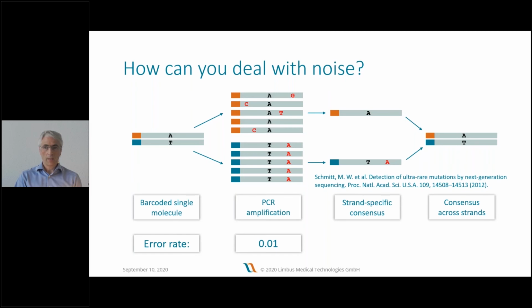When you apply simple molecular barcoding without regard for the strand that barcodes stem from, then you can achieve an error rate down to 1 in 10,000. And by applying this last step, by creating consensus reads across strands, you can actually achieve an error rate as low as 1 in 10 million. And this is noise as low as you need it for liquid biopsy.